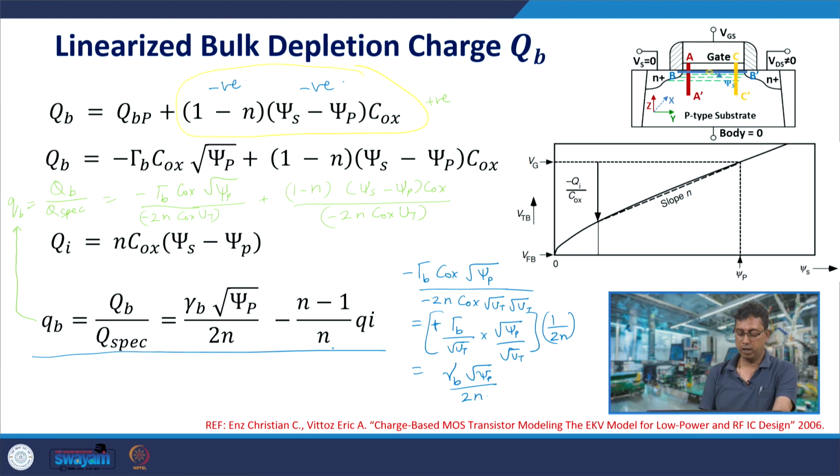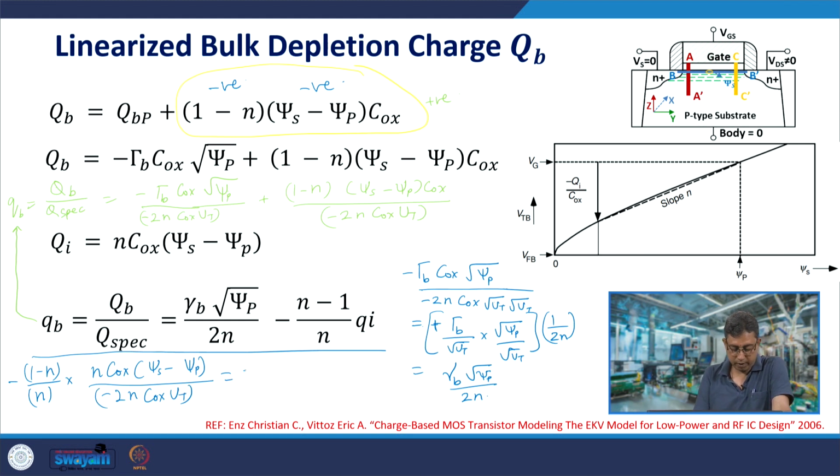Likewise, you have the other expression. You can write the second term as 1 minus n by n into n Cox chi s minus chi p by minus 2 n Cox ut. So, this is n minus 1 by n into n Cox chi s minus chi p, which, as we had seen earlier, is actually qi by Cox.